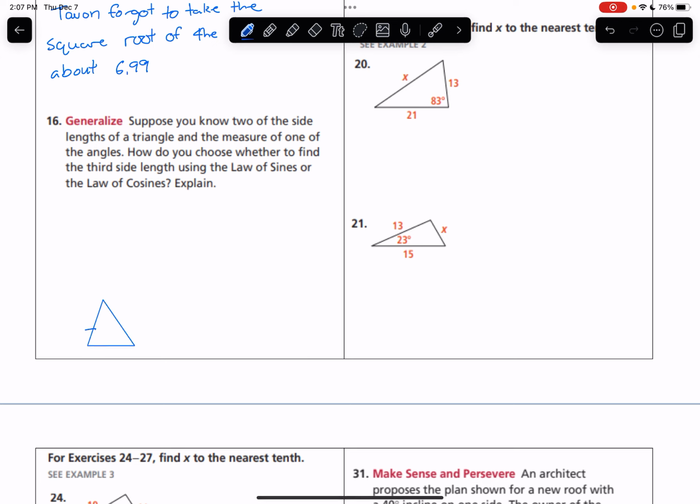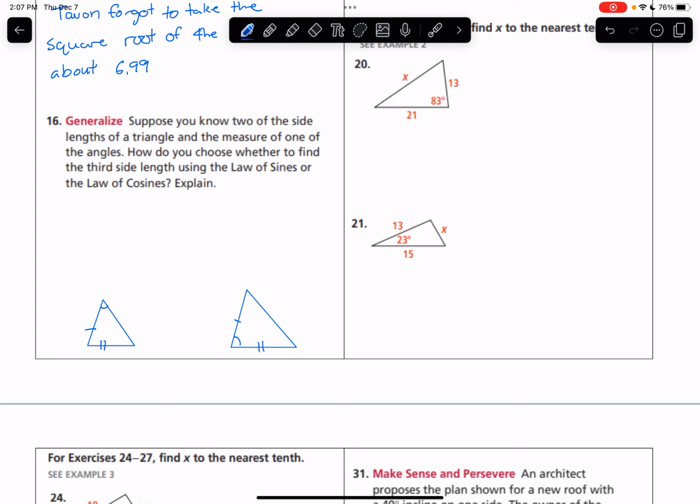If I know 2 sides and a not included angle, that's one of my possibilities. Or I could know 2 sides and an included angle, so the included angle between the 2 sides. Those are my 2 cases.